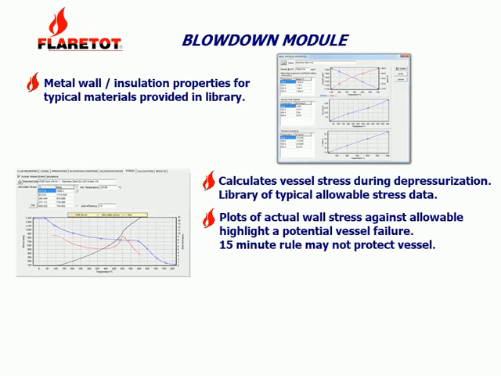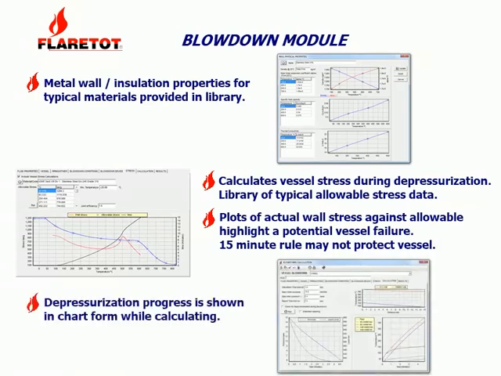By comparison, the typical 15-minute blowdown time requirement used in some project standards is based on values given in the API standards for an assumed wall thickness and material, notably carbon steel, which has a higher allowable stress than stainless steel. It is therefore conceivable that 15 minutes may not be adequate, and our chart will identify these situations. Extensive feedback during solving is shown in chart form.